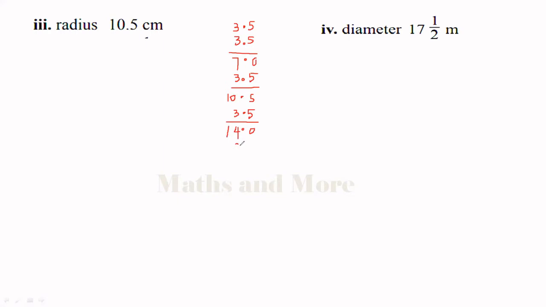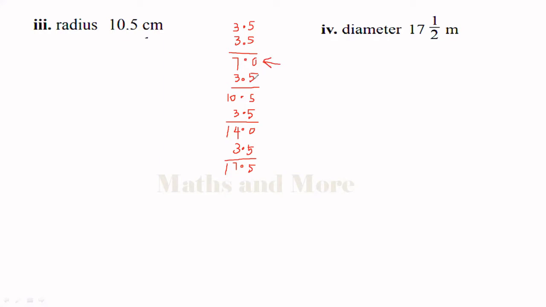If we add another 3.5, 4 plus 3, 7, and 1, 17.5. So think this way. Two 3.5s equal 7. 7 means two 3.5s.